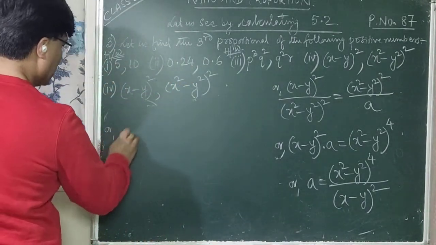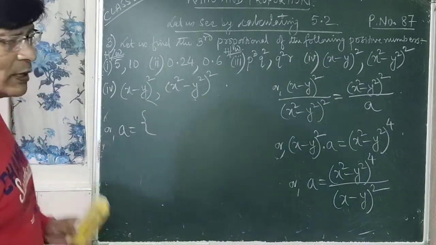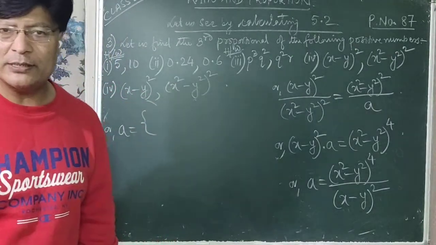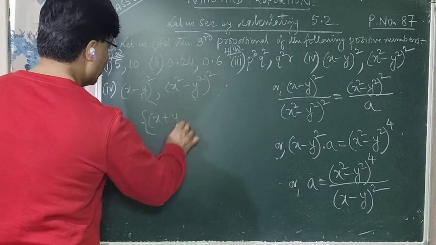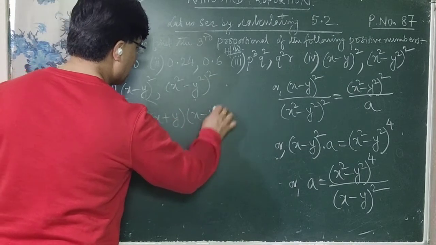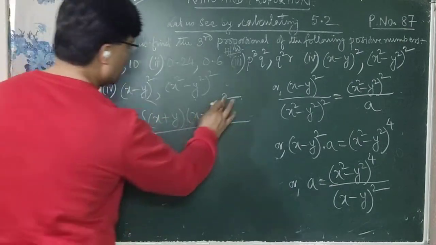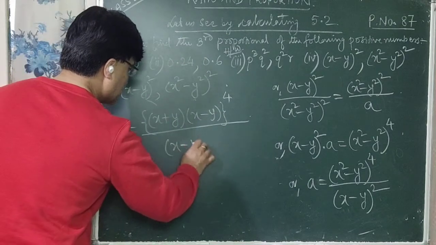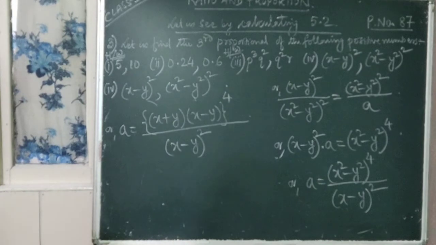Or A is equal to, right within second bracket, because you know the formula for x square minus y square, that is a square minus b square is (a plus b) into (a minus b). So it is (x plus y) into (x minus y). Second bracket close, whole to the power 4 divided by (x minus y) whole square. Is that clear?